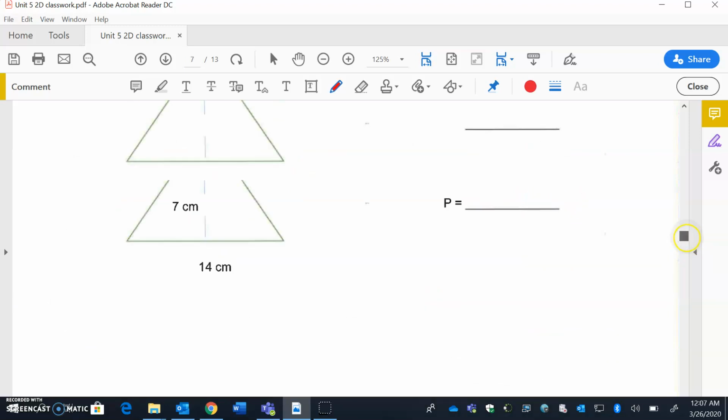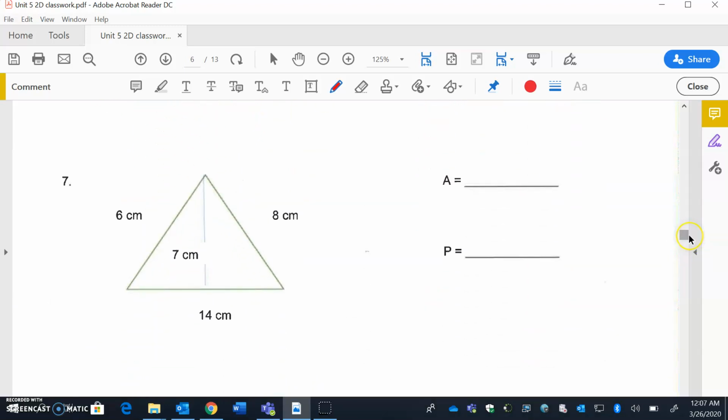All right. Last one, question 7. There is your right angle symbol in there. So again, I could go ahead and draw and make it into it. It just starts making more work. We're going to use that formula of base times height divided by 2. And again, the base and the height always touch at the right angle symbol. So if I look at my right angle symbol, I find the two numbers that are touching it.